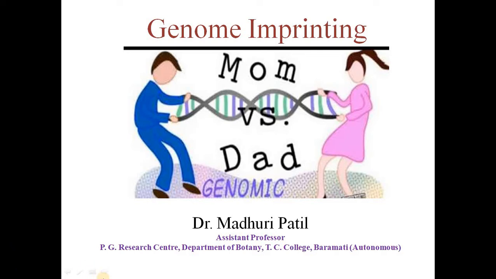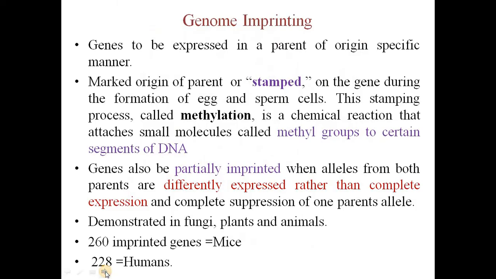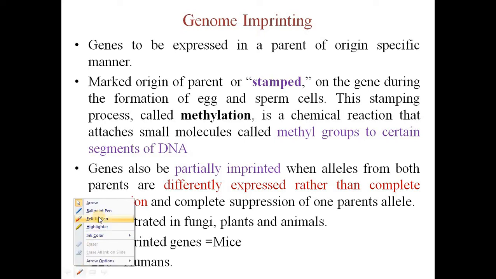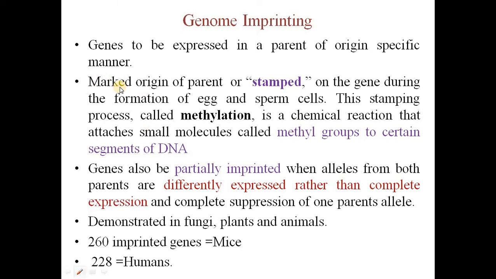This figure gives you an idea about imprinting, meaning how the genes are going to be imprinted into the next generation. Imprinting is nothing but genes which are expressed in a parent-of-origin specific manner, either from the mother or from the father.